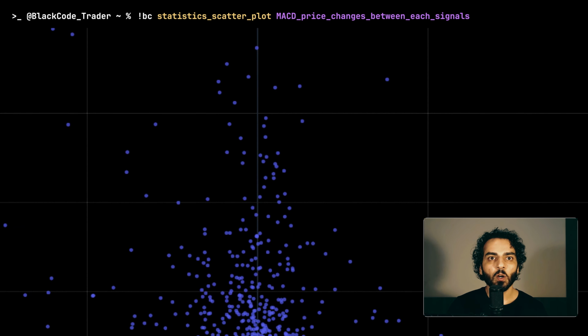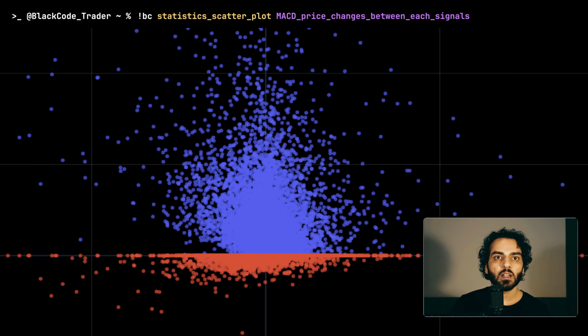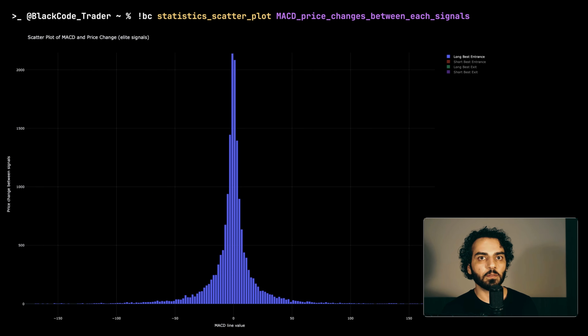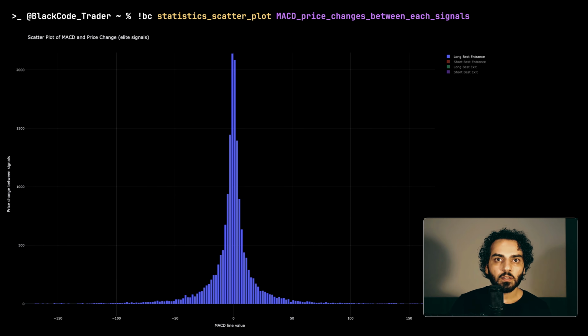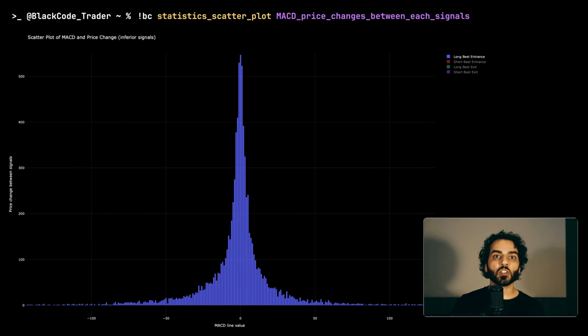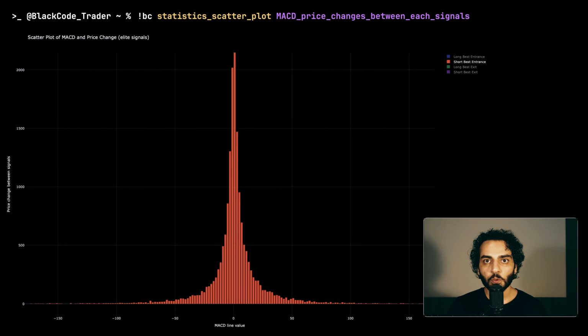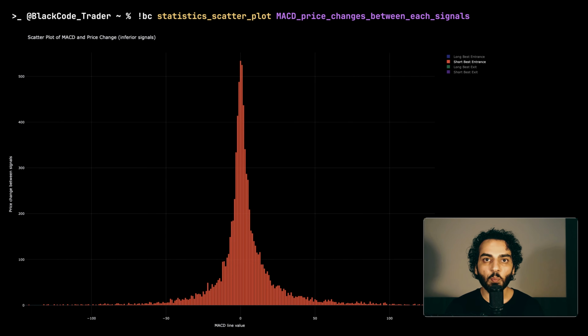However, for a clearer comparison, let's count each signal vertically and visualize them in this way, so we can see the difference much better. So all this data is suggesting that signals happening near the zero line are performing much better for both sides. And with this plot, you can see that for long signals, it's still better to be below the zero line, and for short signals, still better to be above the zero line.